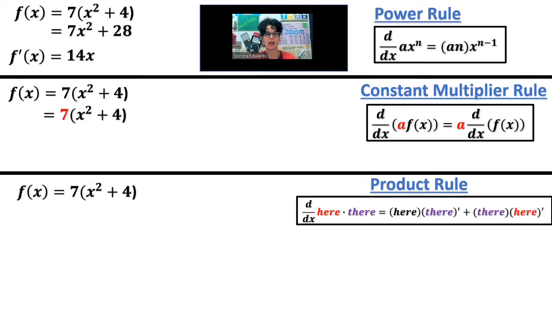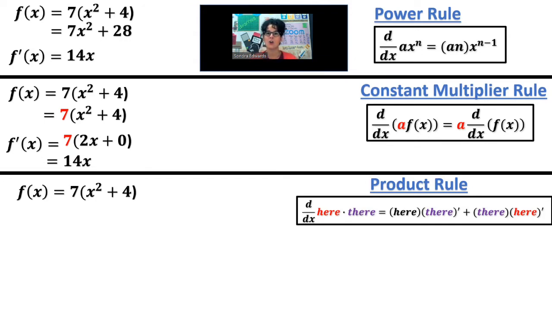So the derivative of x squared plus 4 would be 2x to the first power, and then the derivative of 4 is 0. So we'd have 2x plus 0. And now that I've found the derivative of what's inside parentheses, I will multiply the 7 through. And we end up getting 14x.